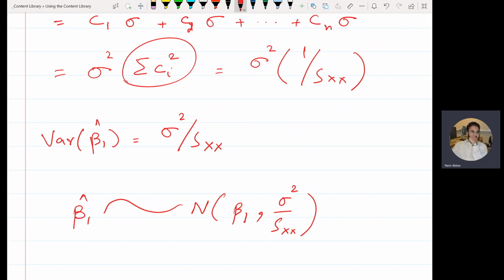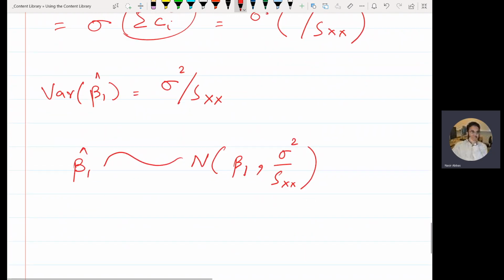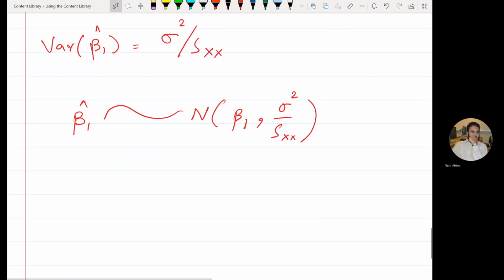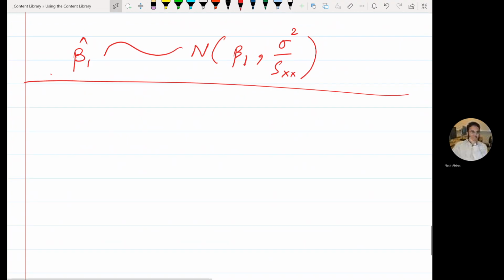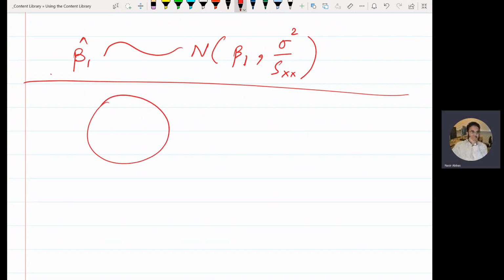Now in the next class, I will do the same thing for the intercept beta naught. But before I do that, let me again remind you, where am I going? Where am I going with this one? Go back to the single population case.